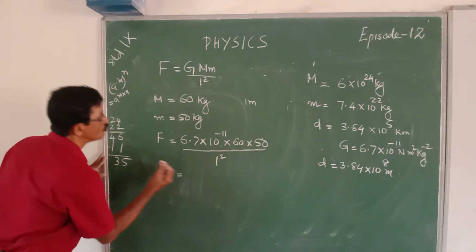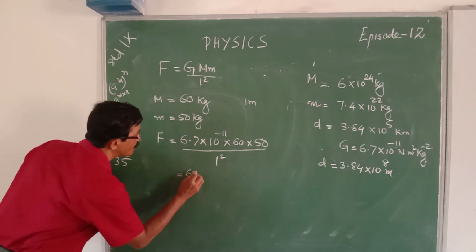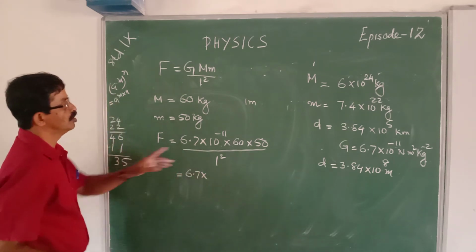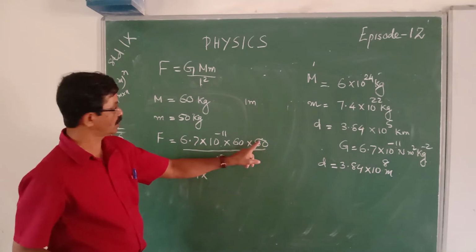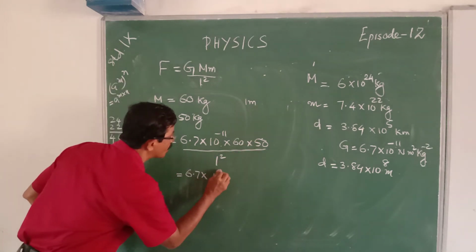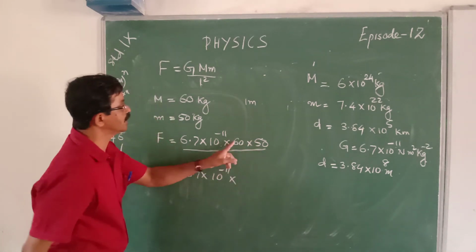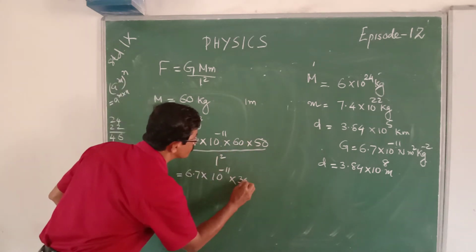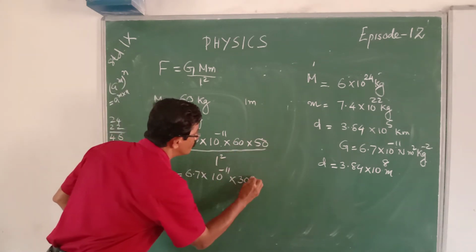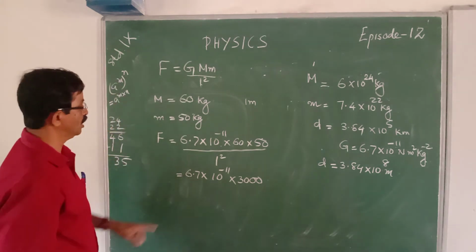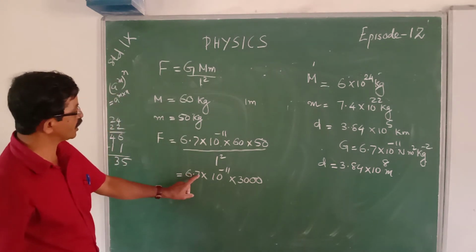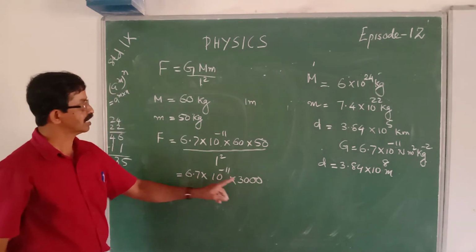That is equal to 6.7 into 10 raised to minus 11 into 6 into 5, 30, and 3000. Now we multiply 6.7 with the 3000.